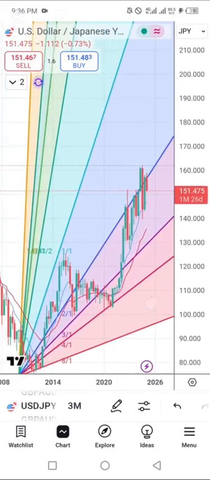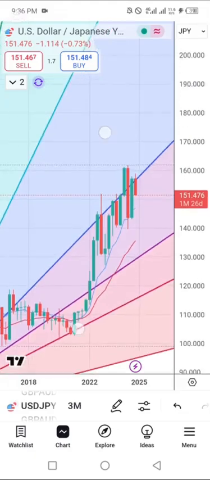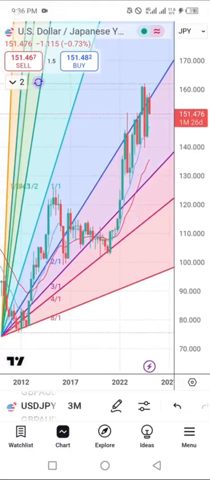I just use this Gann fan to understand better what is happening. Like I told you, I really have so many strategies, but I choose the simplest ones and use them because we are not here to complicate matters. We're here to make money. But I have so many strategies.